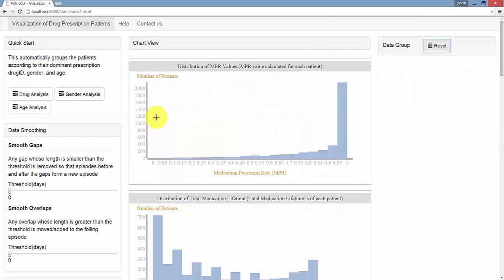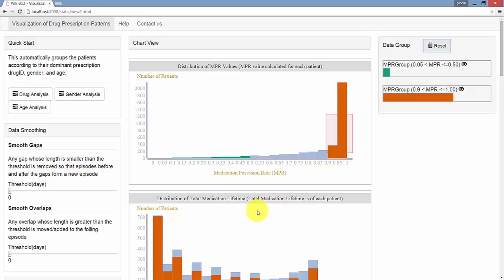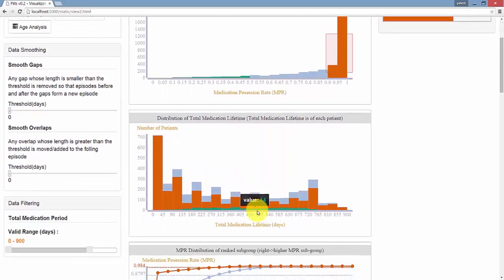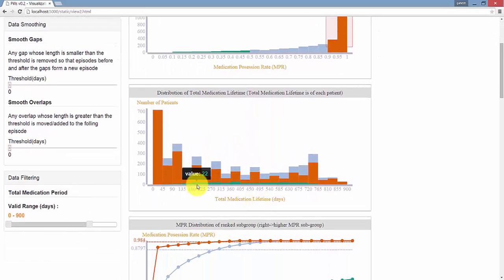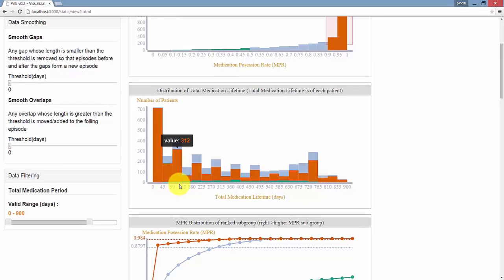Now, if you compare those who have low MPR value versus high MPR value, those who have low adherence rate, they actually are between 130 days to 720 days. It shows that everybody was adherent to the prescription in the first 3 months.